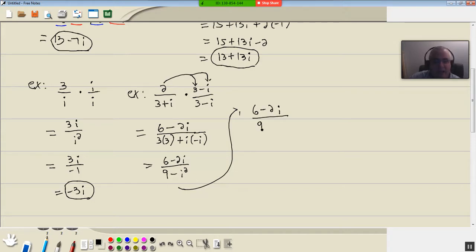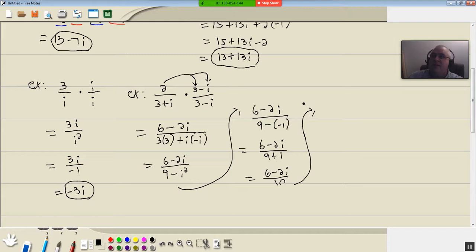We said we can't have i squared though, so I'm going to replace the i squared with negative 1. So then we got 6 minus 2i, and negative gives us positive, so we got 9 plus 1, which is 6 minus 2i over 10.